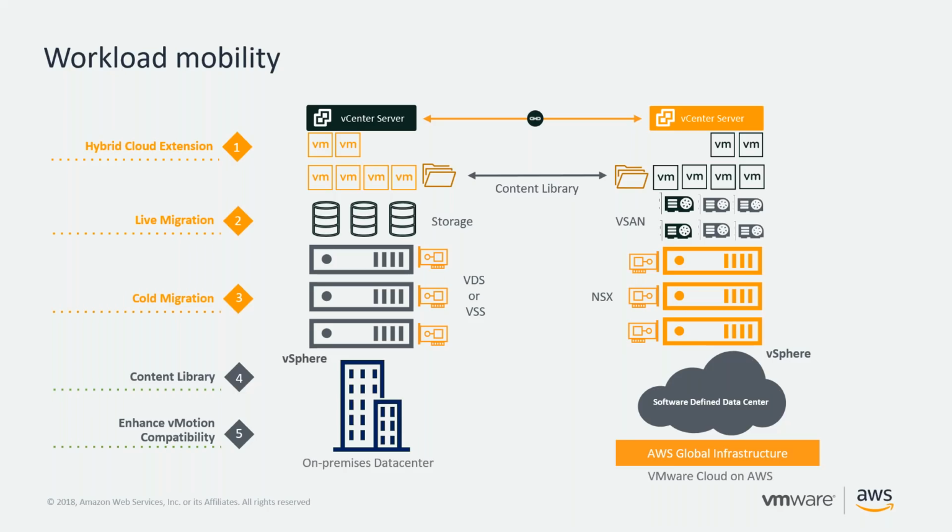EVC, enhanced vMotion compatibility. EVC is what is used when you have processors from different families or generations, and it finds the lowest common denominator to run across the board for the virtual machines. Up until now, EVC was something that you had to set at the cluster level, meaning that if you had to accommodate for 1 or 2 virtual machines that were on a different CPU set, or an additional host, it's affecting the entire cluster.